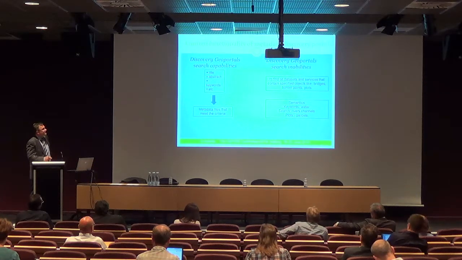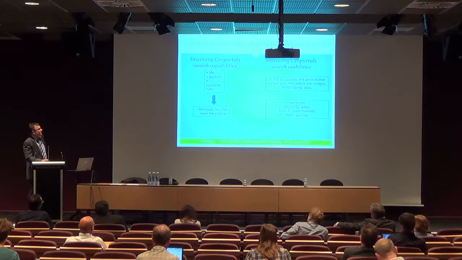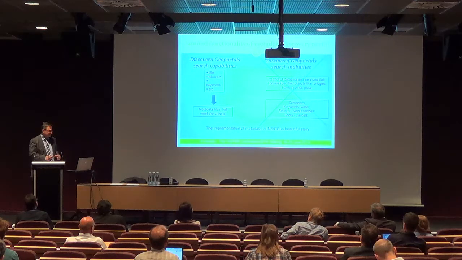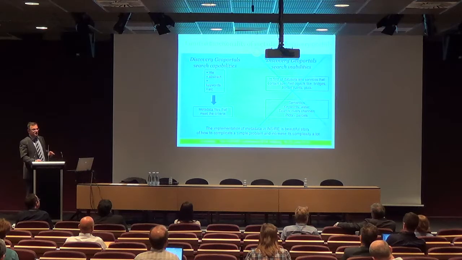So today we can discover metadata for files, like title, abstract, but in fact if you would like to find something more precisely, like a parcel, it's quite often difficult, maybe not always. But when I look at how the metadata are implemented in INSPIRE, I think that it is a beautiful story of how to complicate a simple problem and increase complexity a lot.